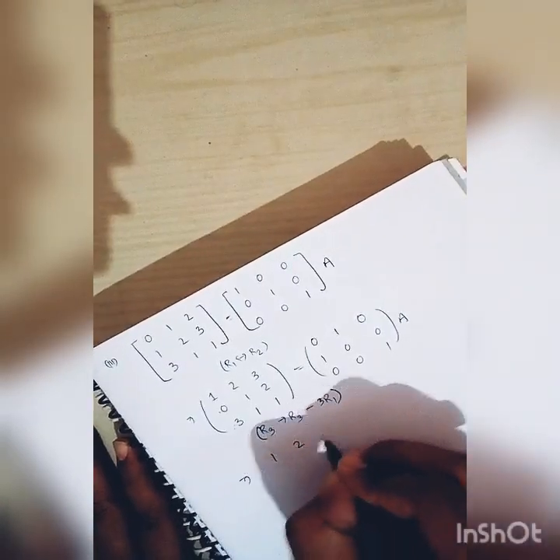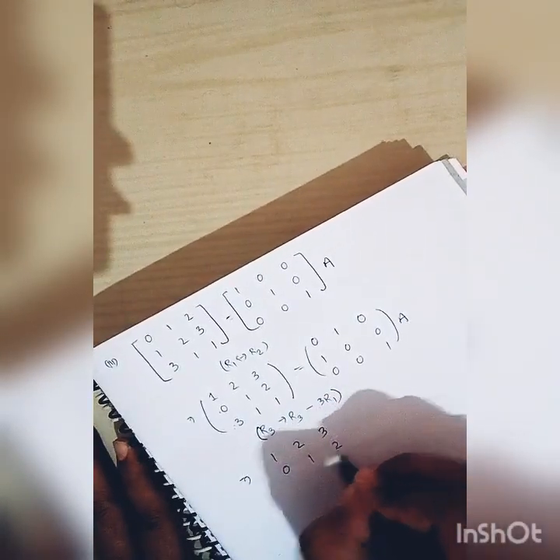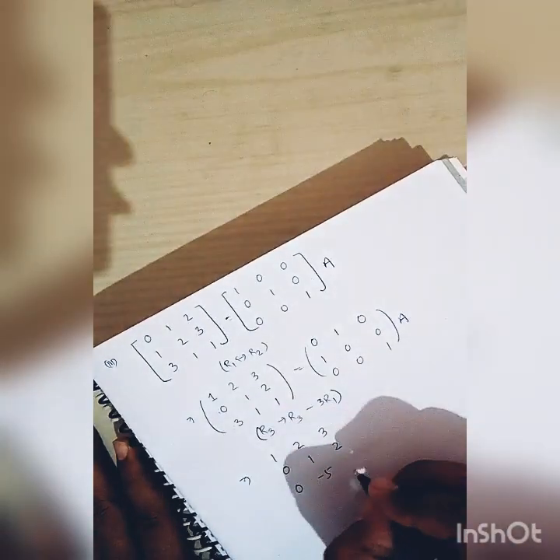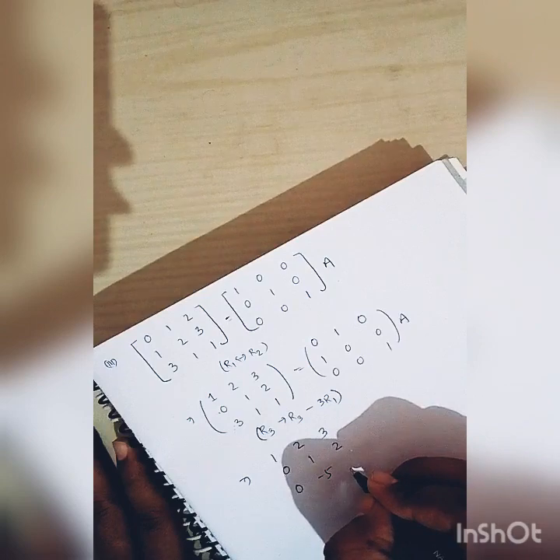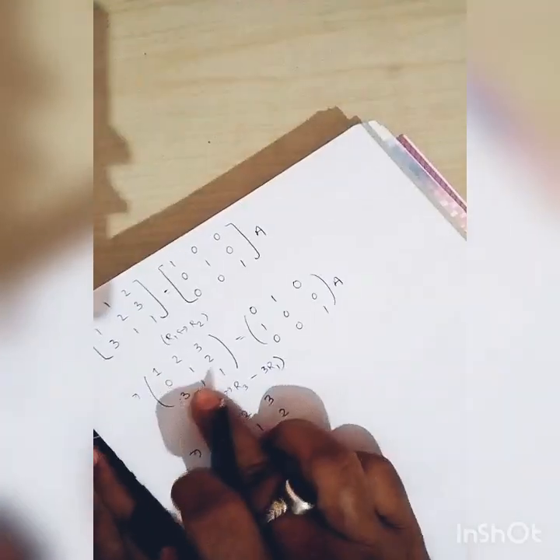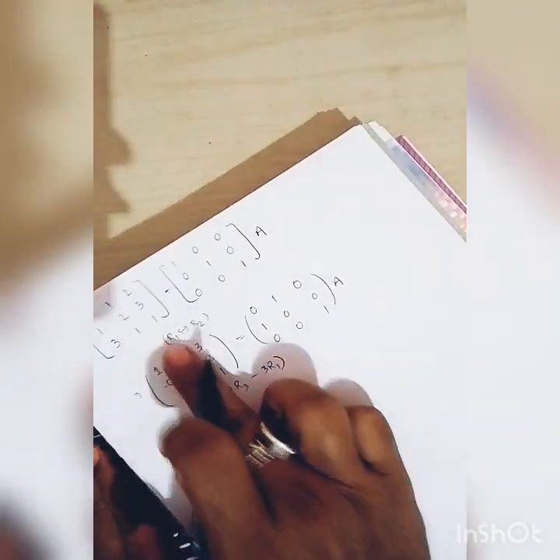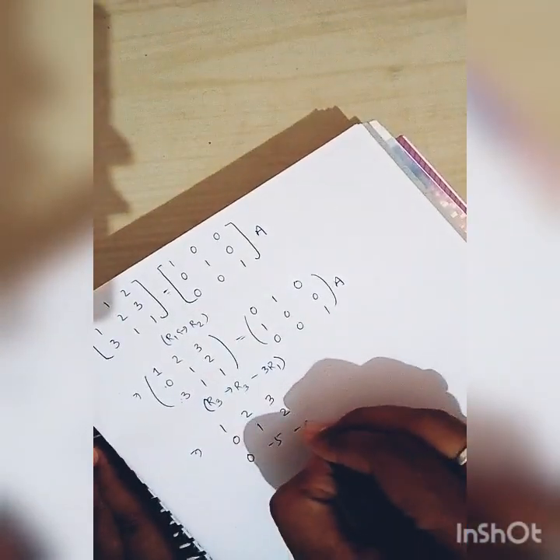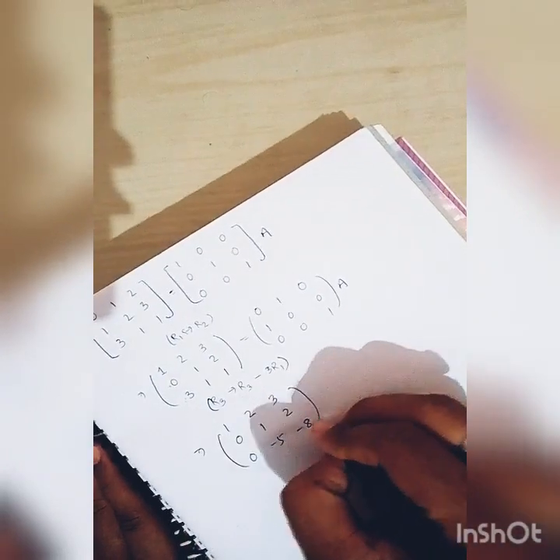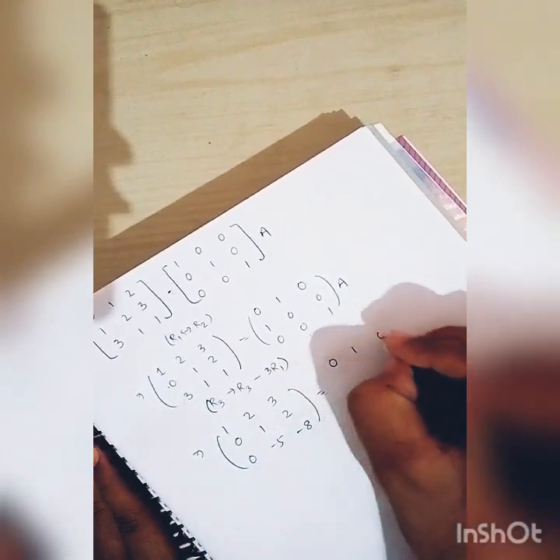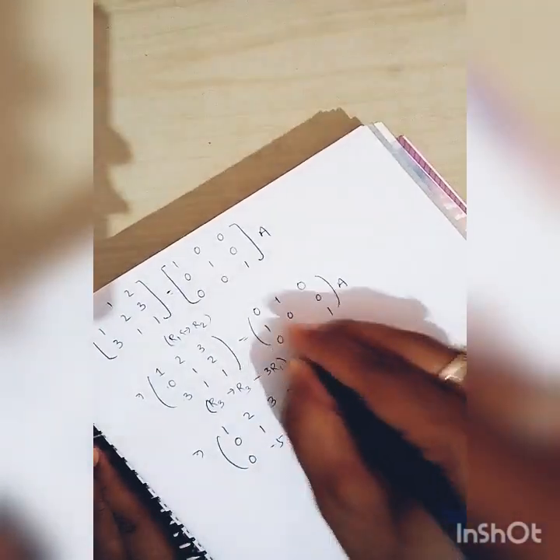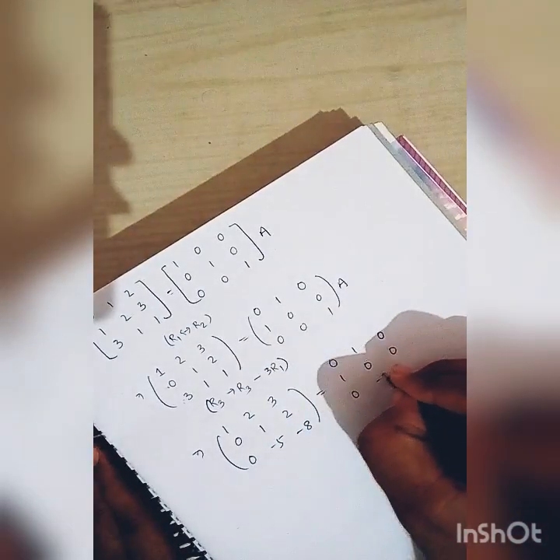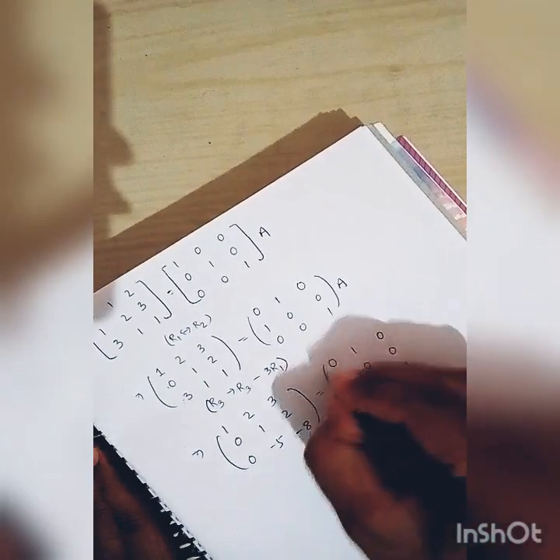That is 1 2 3, 0 1 2, and 3 minus 3 is 0, 1 minus 6 is minus 5, 1 minus 9 is minus 8. Again on the right side, 0 1 0, 1 0 0, and 0 minus 3 into 1 is minus 3, 0, 0 minus 3 into 0, and 1.